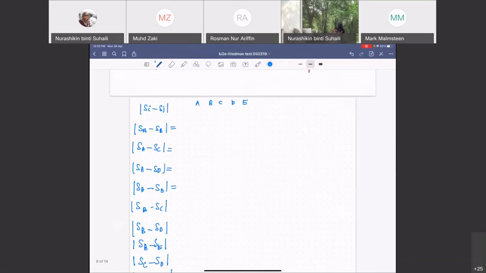So it means that your SA is 19.5, 25. Let's write it down. 19.5 minus 25.5. And you plug in all the values according to the values of SA, SB, SE.